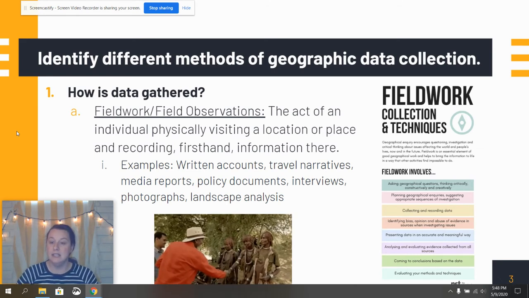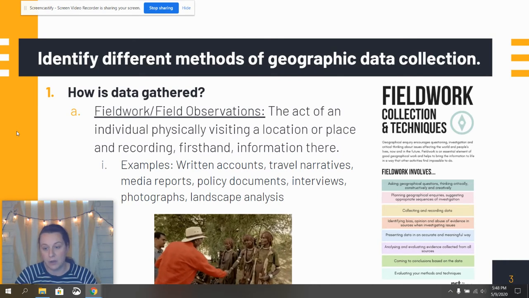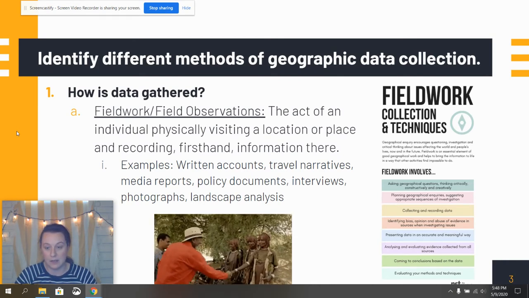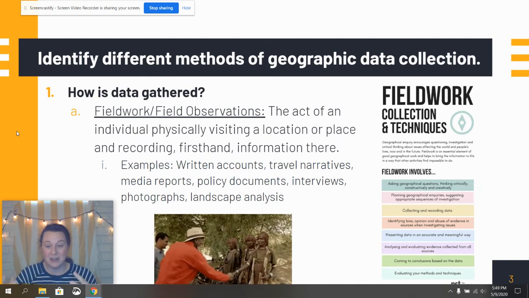And so you can see I've got a graphic here about the collection and techniques for geographic fieldwork, right? You ask geographic questions, think critically about those questions. You go out and you collect and you record your data. You identify your bias, your opinion, make sure that you are not becoming too biased towards one direction.